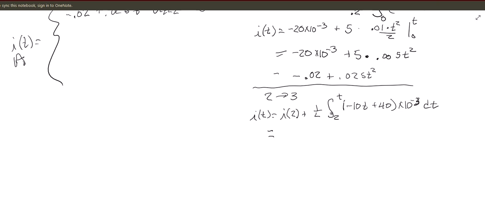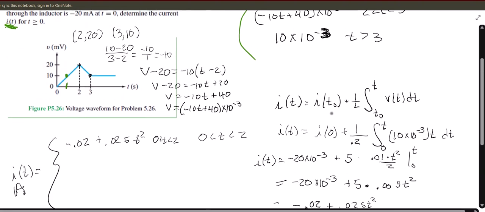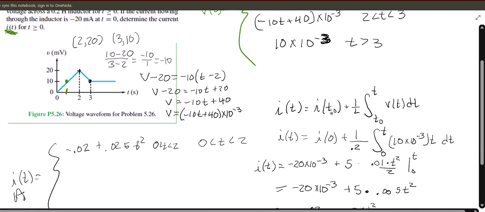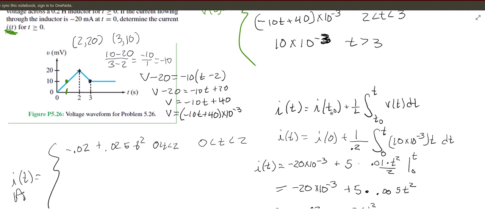So remember, the current can't change instantaneously in an inductor. This is the voltage, but whatever the current was in this first section, right at 2, that has to be what the current is right at 2 in the second section.